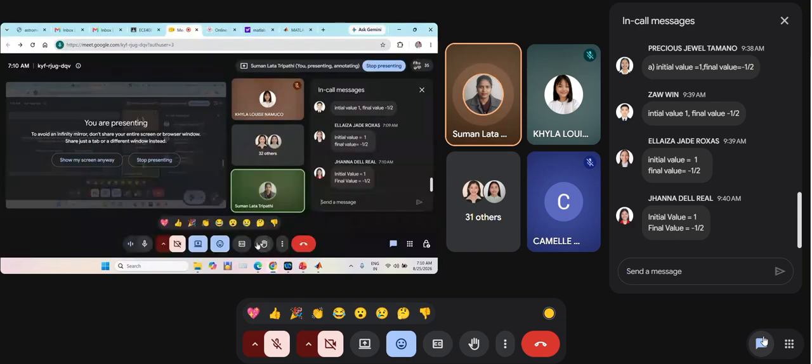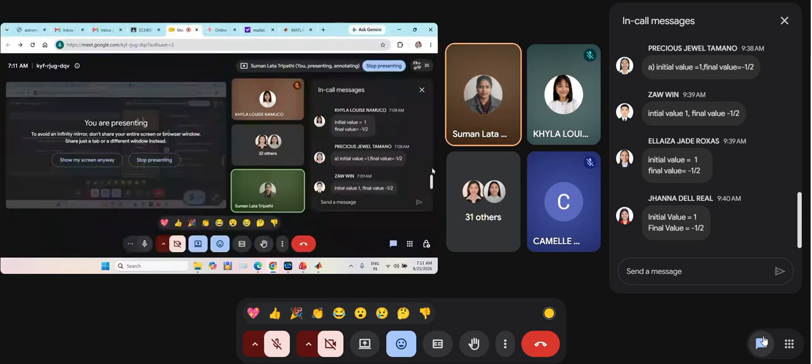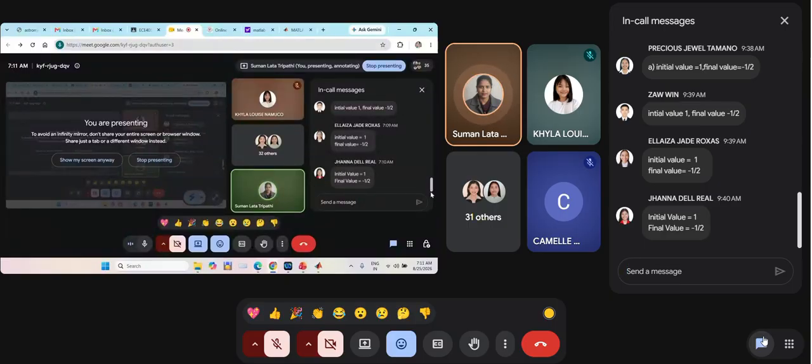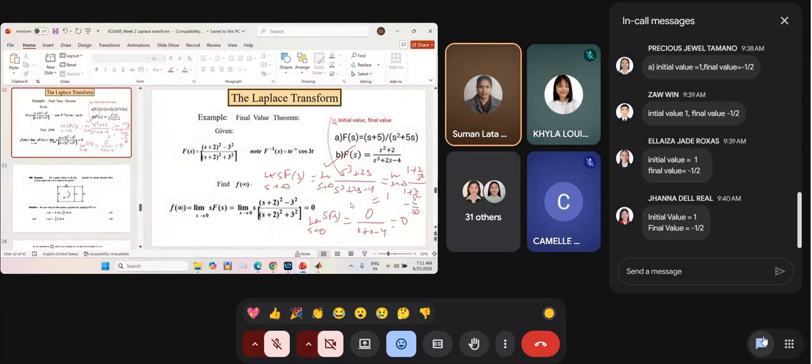Most of you are giving the same answer. Can you justify your answer, why you are getting minus 1 by 2? According to me, s F(s), and there is no simplification possible.